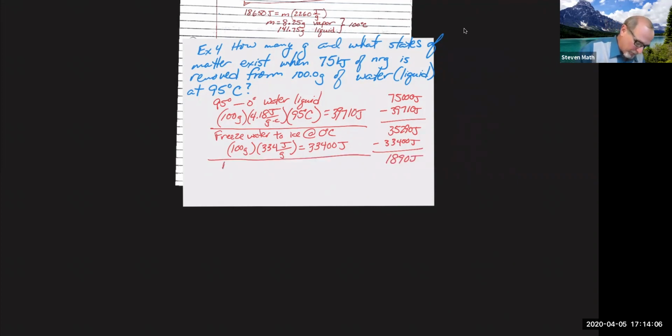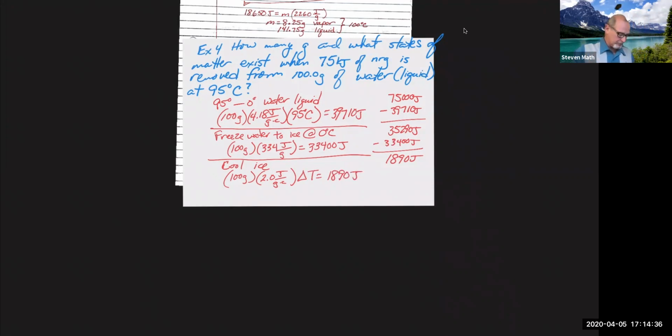So now we're going to cool off our ice. If we start with 100 grams of it, ice is 2.0 joules per gram Celsius. What's the delta T if we remove 1,890 joules?